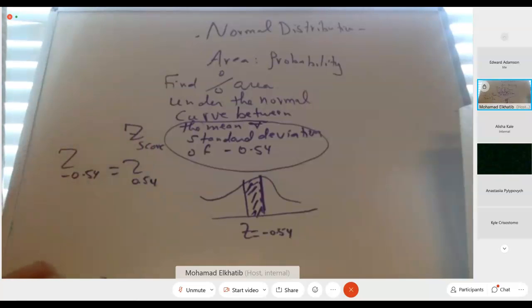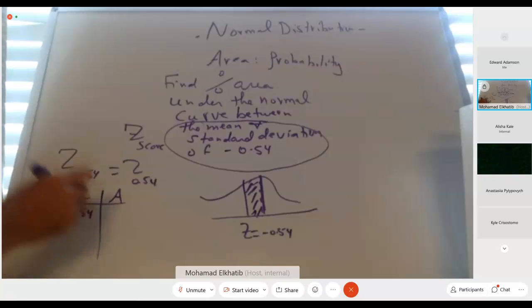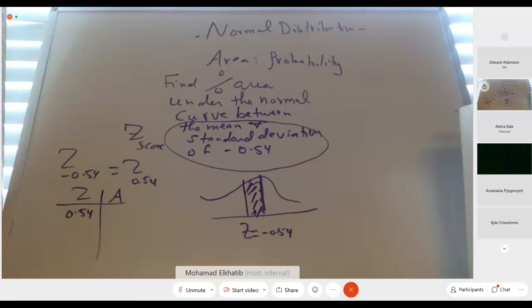So you go to the table. If you have access to your computer now, you can. The table that shows you what? Z and the area. So look for the Z when it's 0.54, and you're going to find the area to be, let's see, let me look at the chart here. Just give me 1 second.